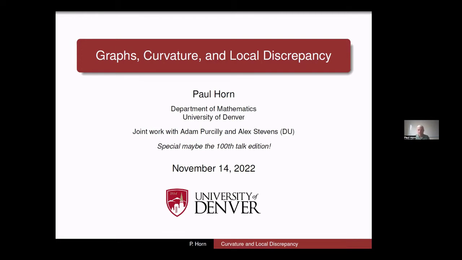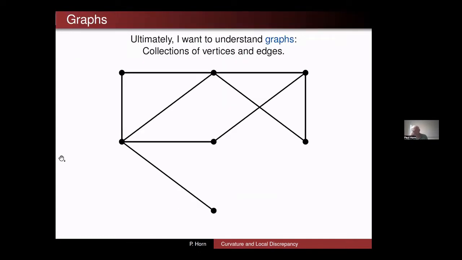And so let me set up what it is I want to talk about. It's a graph theory seminar, and I want to understand graphs. We all know what graphs are, vertices, edges, whatever. And we know that if I have something small and simple, perhaps I can understand it explicitly.